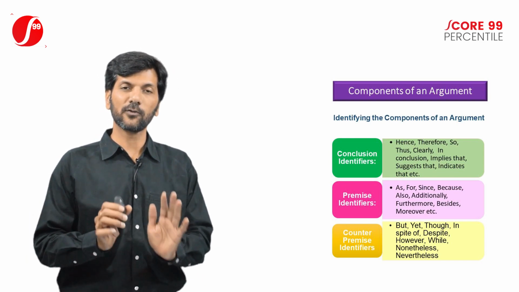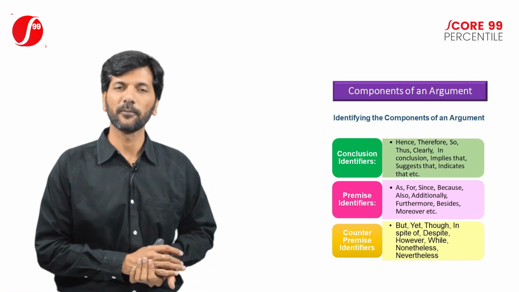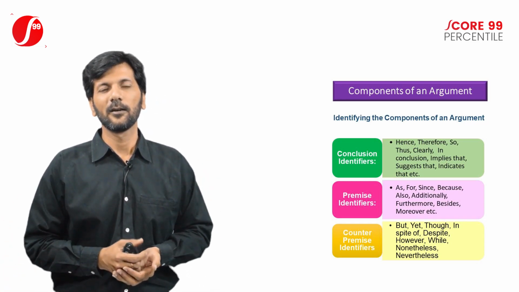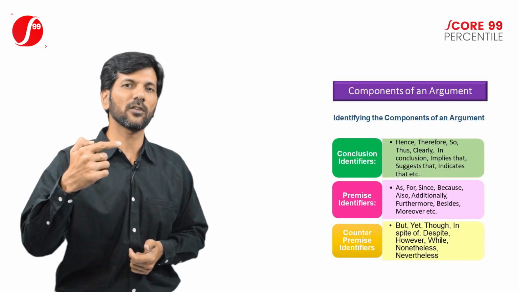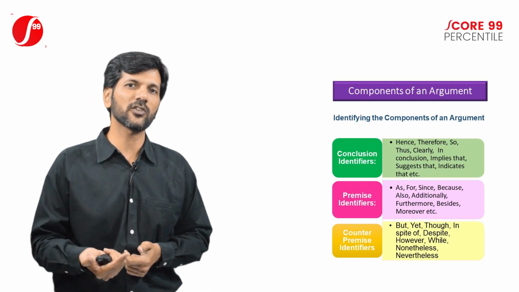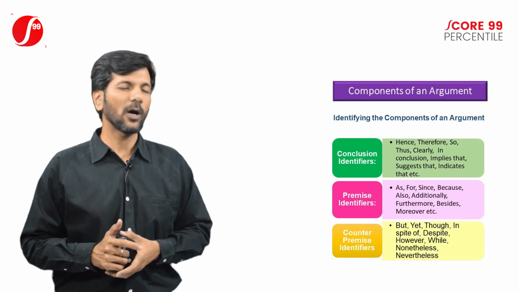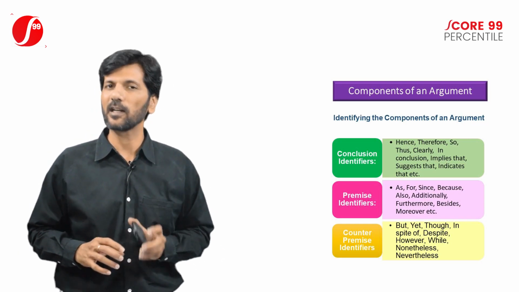A counter premise is also a reason for a conclusion. It is as good as a fact. But this tends to contradict an already existing situation or an already existing premise. Because it counters an existing situation, it's called a counter premise. Under what circumstances these are used and what kind of questions are asked, we'll learn a little later.